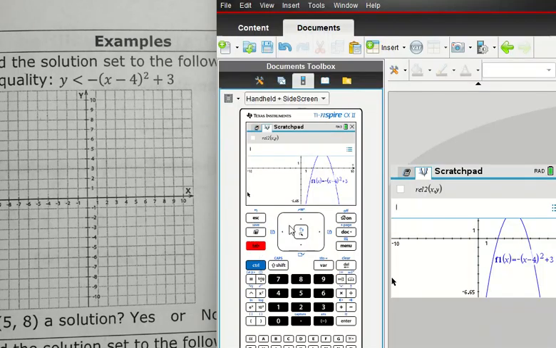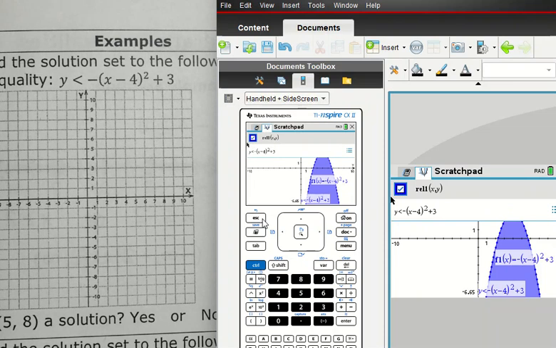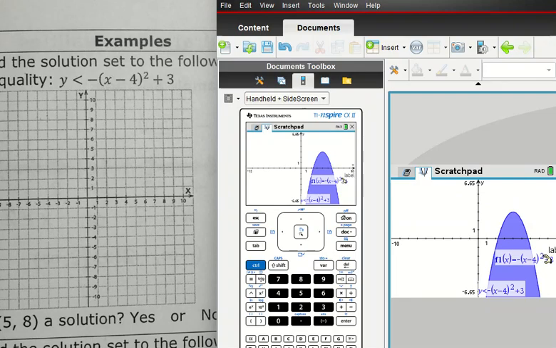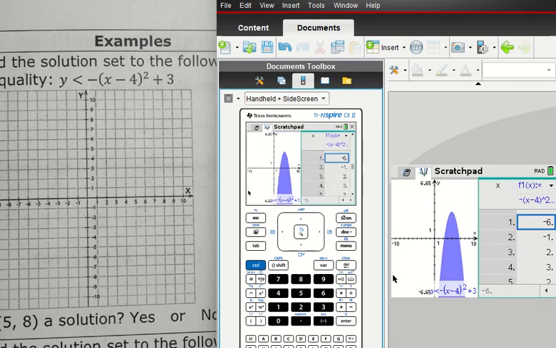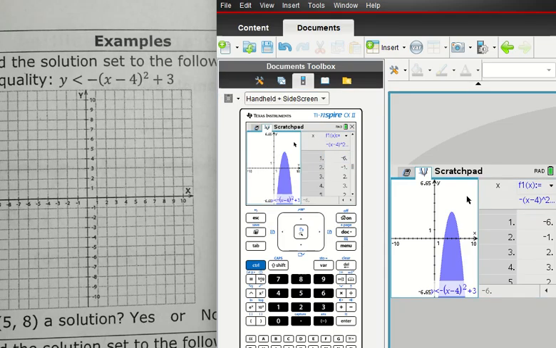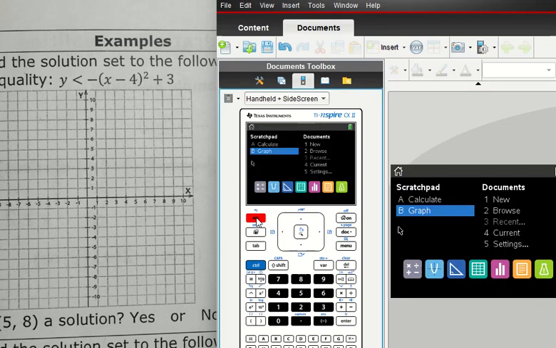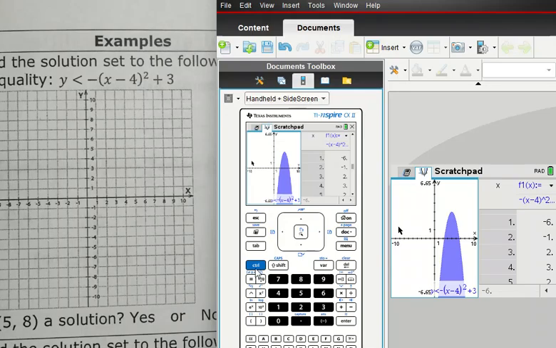If you only had the relation graph, and I deactivate the other graph, then Control T usually doesn't appear if you don't have the equation graph. I just wanted to show you that.